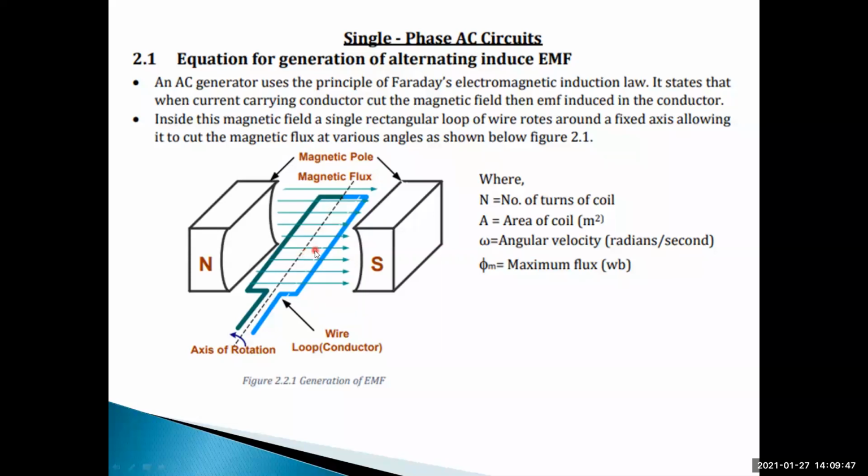You know well, this was the generator. For a motor, a current carrying conductor placed in a stationary magnetic field experiences a force. That is called Faraday's first law. For motor, Fleming's left-hand rule; for generator, Fleming's right-hand rule. These are the different principles.